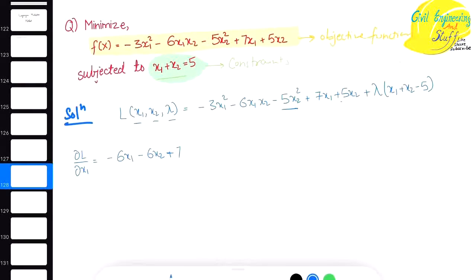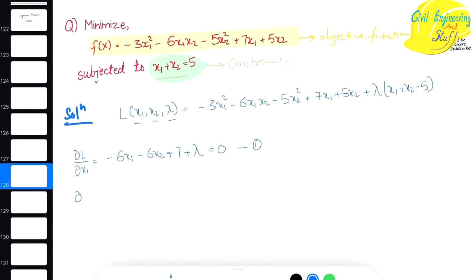Again, since no x1 variable is there, it will be 0. Then plus lambda: on partial differentiation of lambda x1 we get lambda, while lambda x2 minus 5 lambda, having no x1 variable, will be treated as 0. Through this we have obtained our first equation, which we put equal to 0.